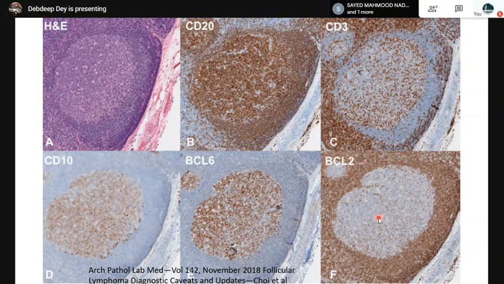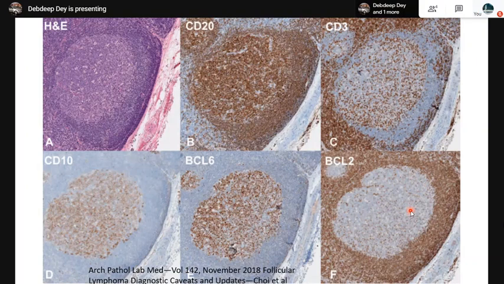Now the main thing is that BCL2 is negative within the follicles. When you interpret your BCL2, you have to always interpret it along with your CD3 and look at whether the BCL2 staining cells are more than CD3 or less than CD3, because BCL2 will stain some follicular helper T cells.